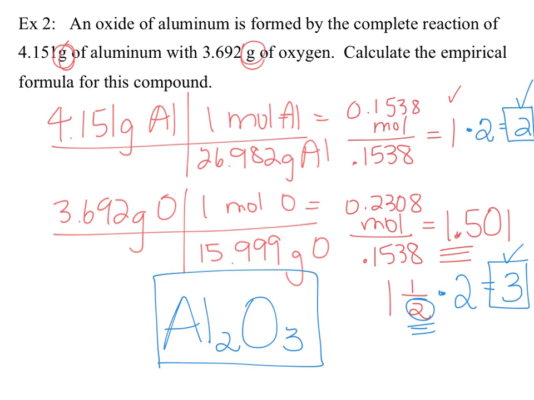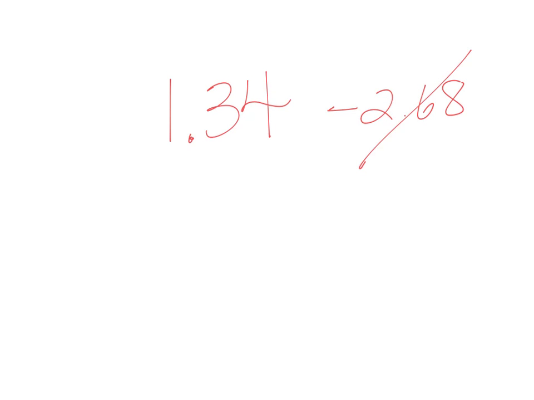So what if it had looked different? What if it had come out as this? 1.34. Multiplying this by 2 would get us 2.68. That is not within the range to round. So multiplying by 2 didn't work.